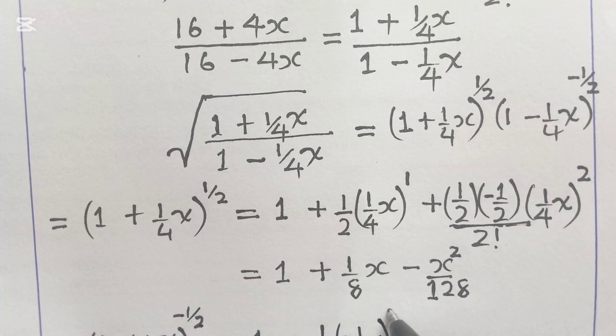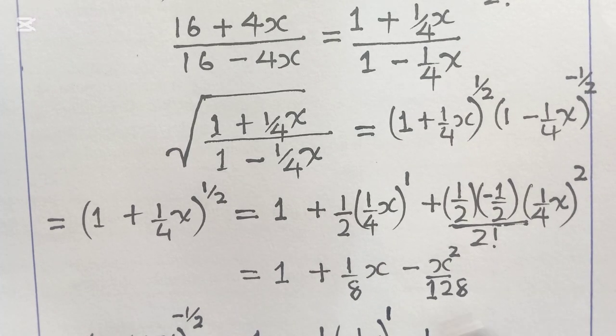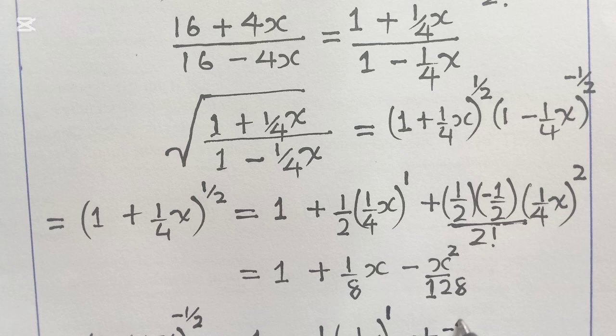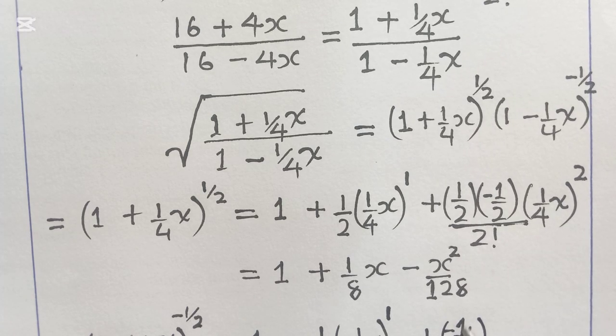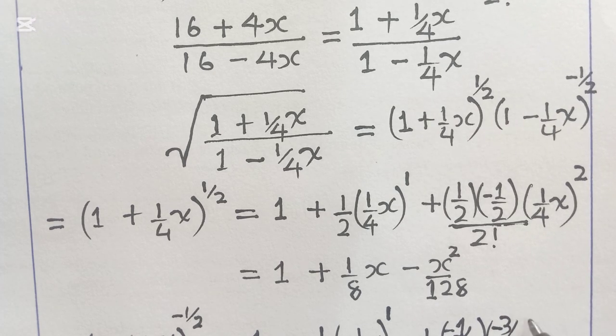That is 1. Then we continue to the third term, which is plus. We put here n, which is negative a half. Then we go to n minus 1, which is going to be negative 3 over 2.